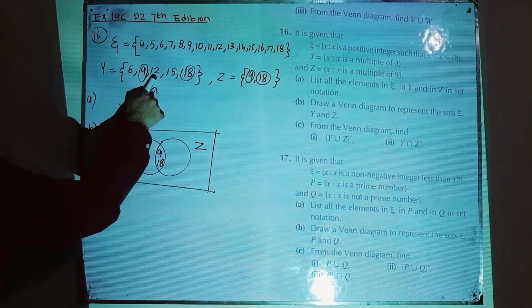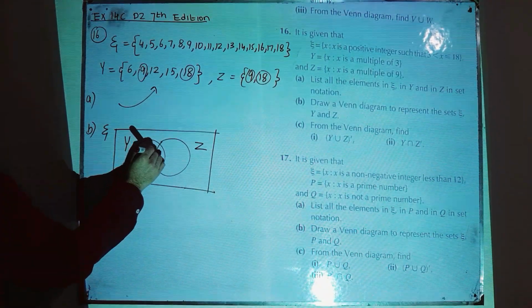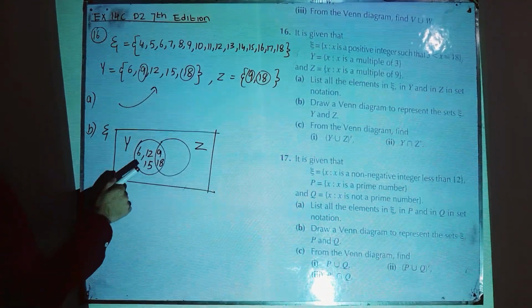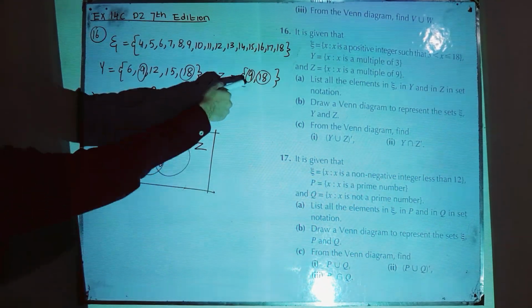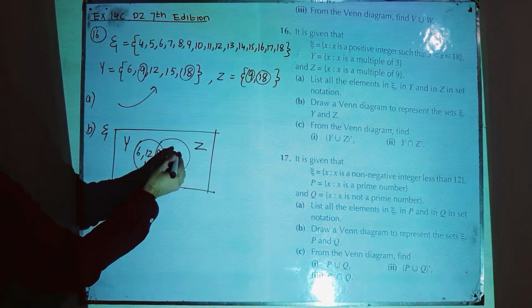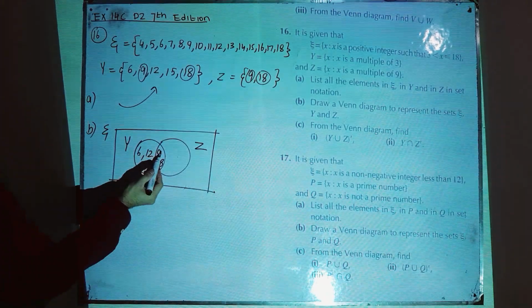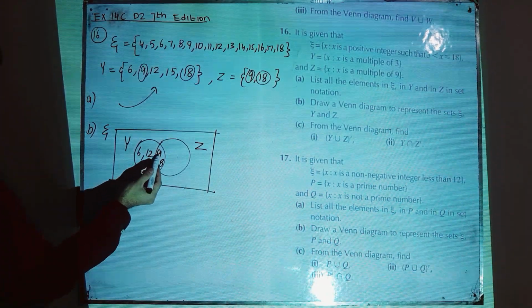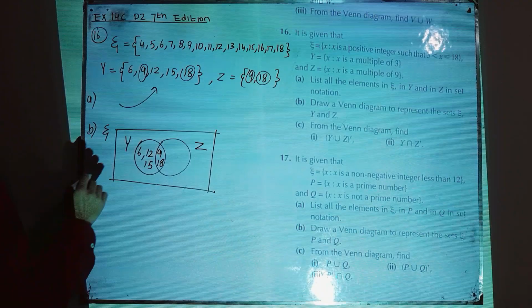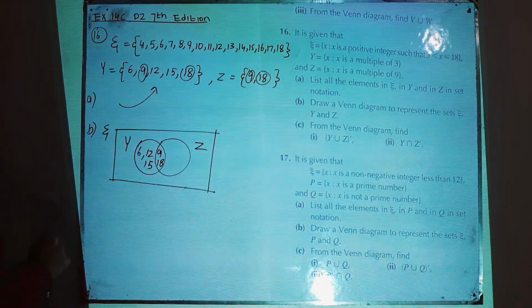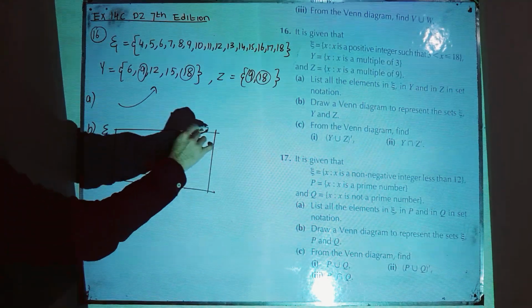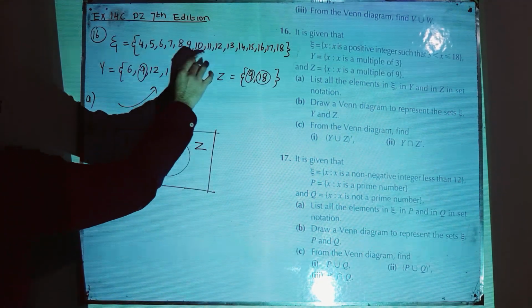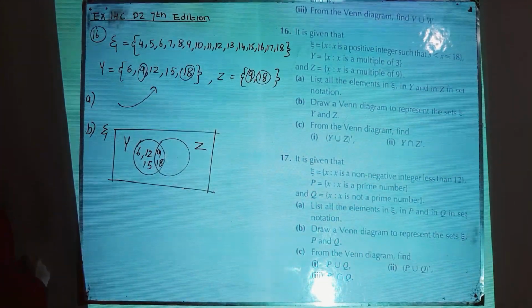The other elements in Y are 6, 12 and 15, they will be written over here, and Z's elements are already written over here, so this will not be empty, because the elements of Z are here in the overlapping part. Now after entering the elements, you have to make sure that this rectangle contains all the elements of this universal set.